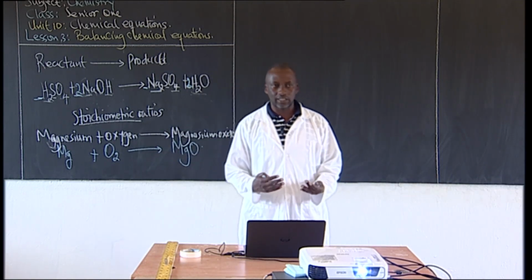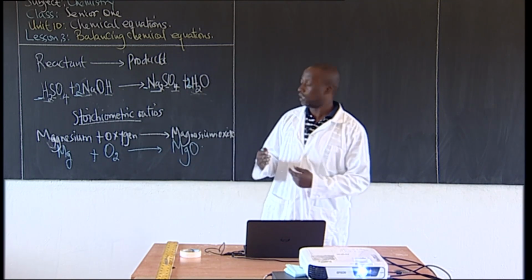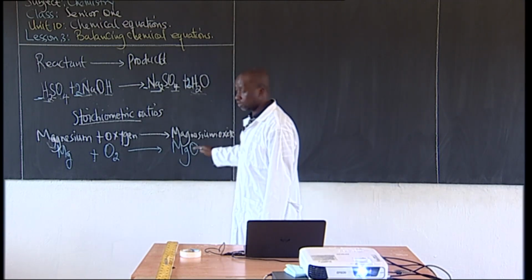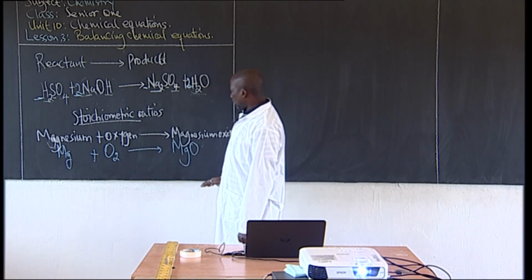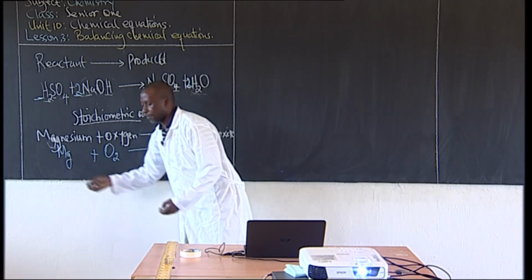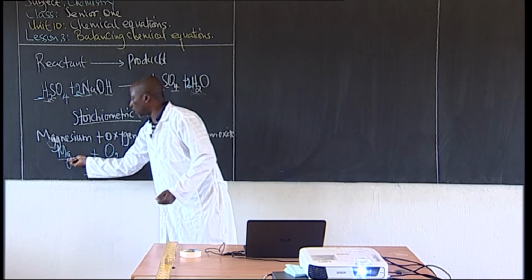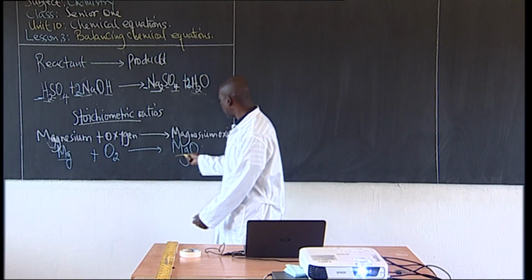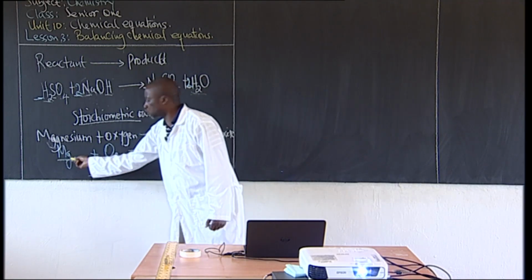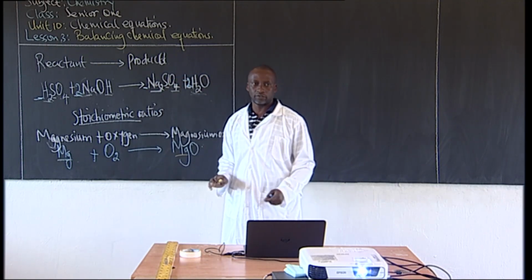If the numbers are not the same, then we just look at the numbers now. Those are the atoms that we need to look at. When we look at this, magnesium here is 1. I'm sure you can see that magnesium is 1. And when you come to this side, even magnesium is 1. So magnesium is balancing.